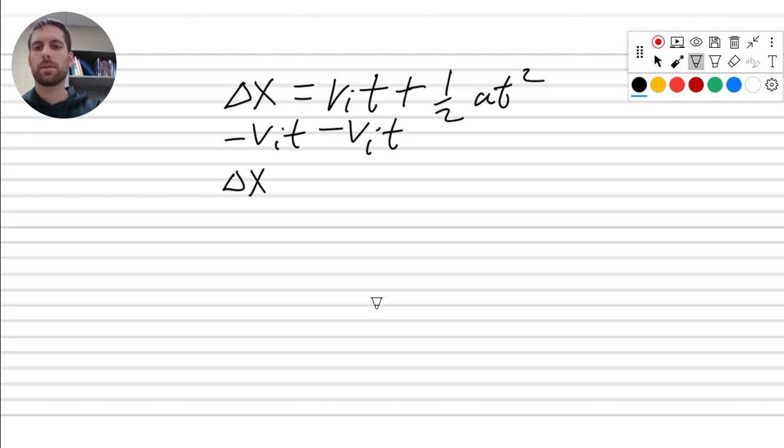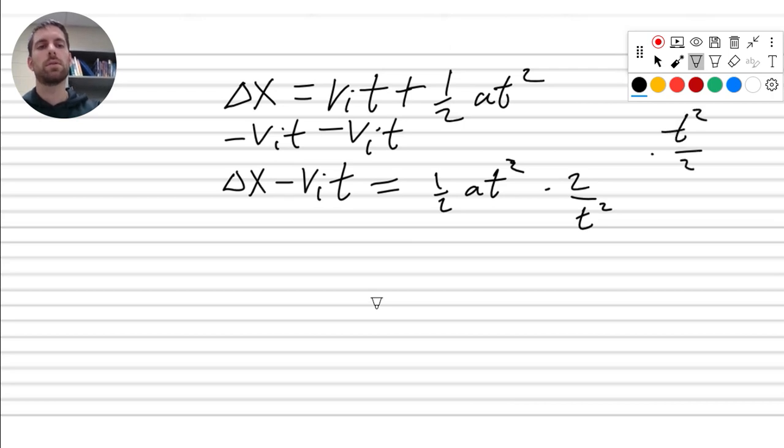Delta x minus v initial t equals 1/2 a t squared. And then I have to find the reciprocal of this, which is going to be 2 over t squared. And I knew that because t squared over 2 times a is what I could rearrange this to. Same thing. Okay.